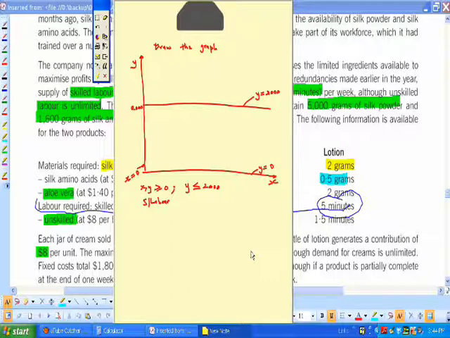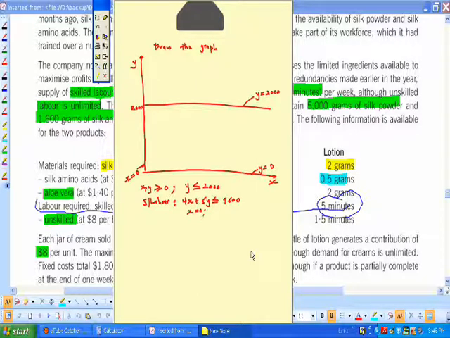There were three other lines, one for skilled labor, which was 4x plus 5y is less than or equal to 96. Now we need 2 points on this line, so we simply let one of the variables equal 0.